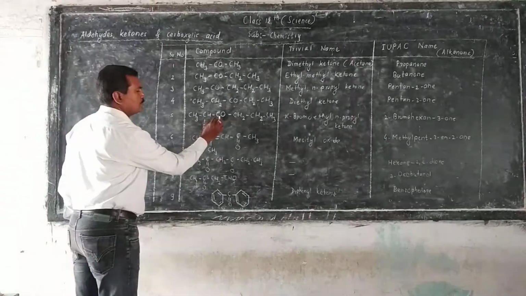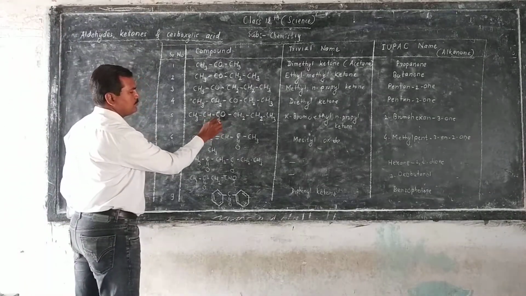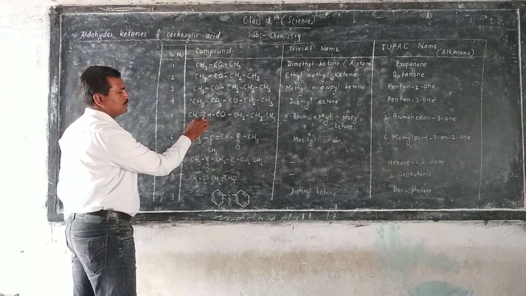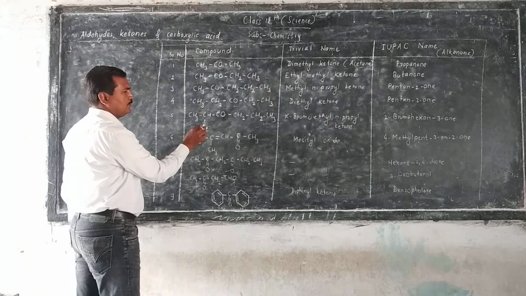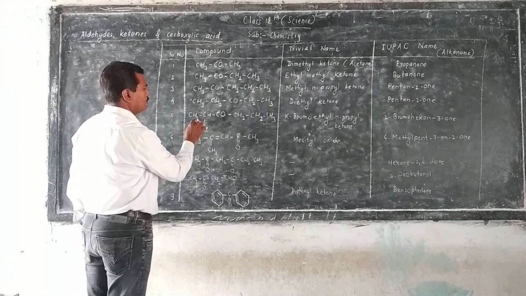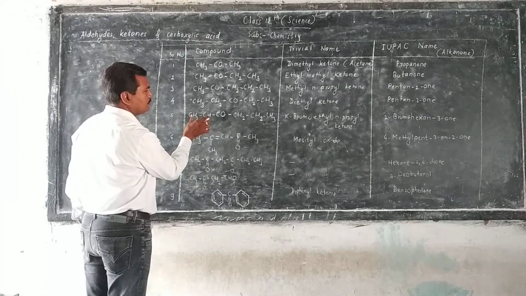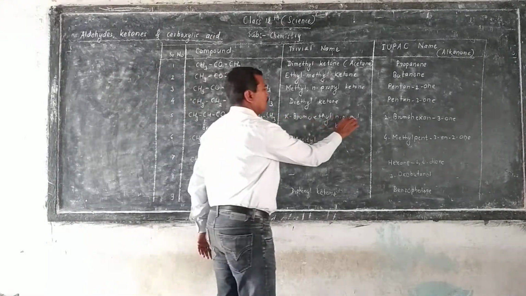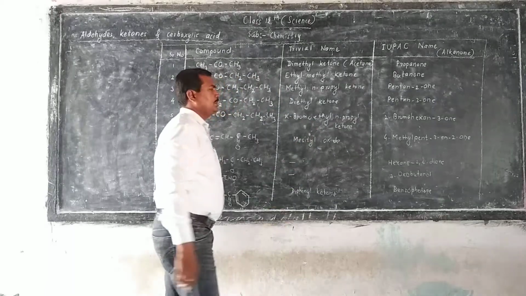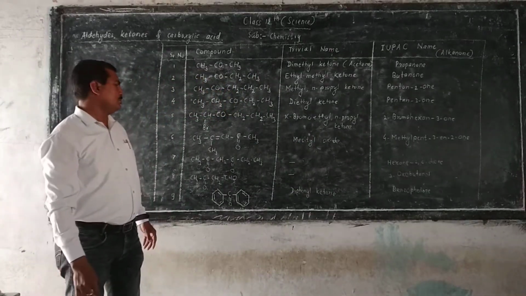Here the carbon next to CO is alpha, and this bromine is alpha bromine. Then two carbons make ethyl, and 1, 2, 3 makes n-propyl. So it is alpha-bromoethyl n-propyl ketone.